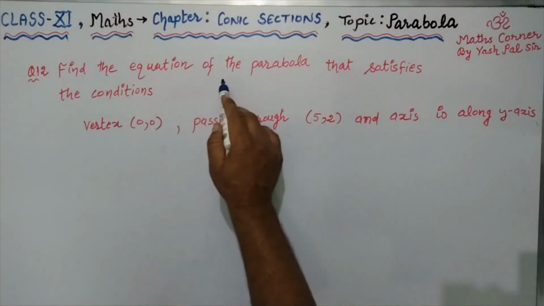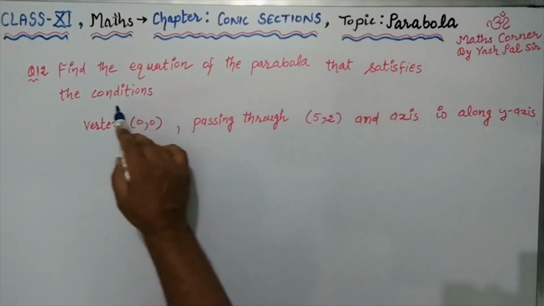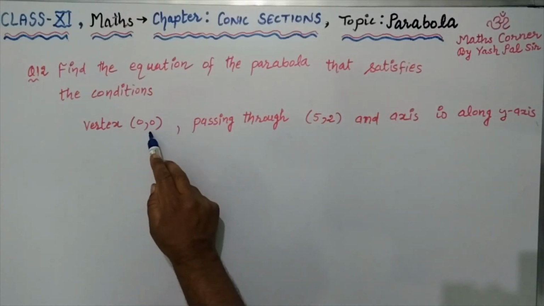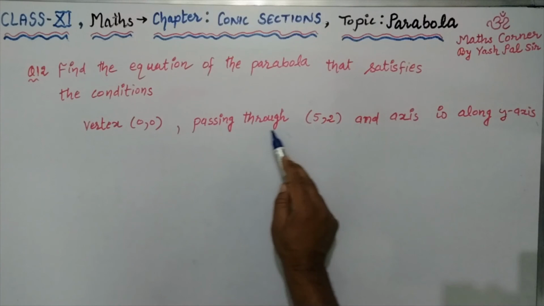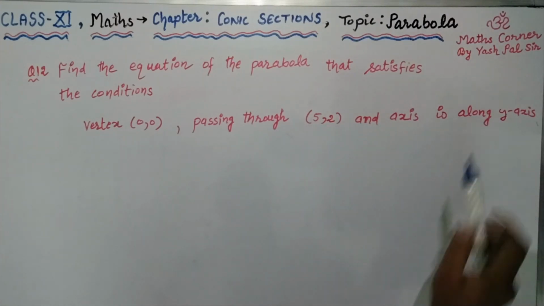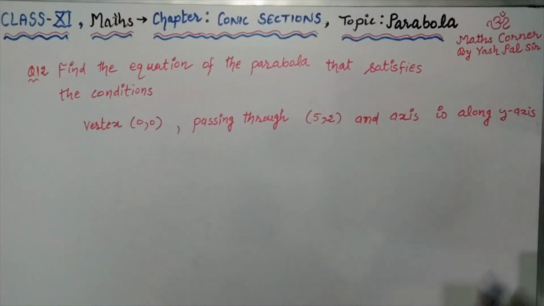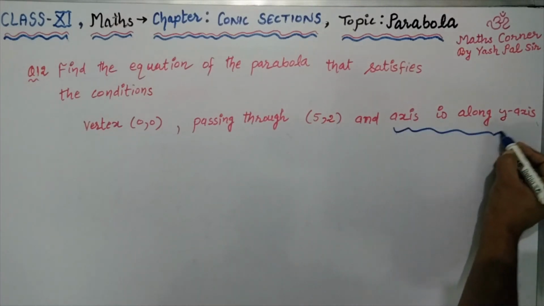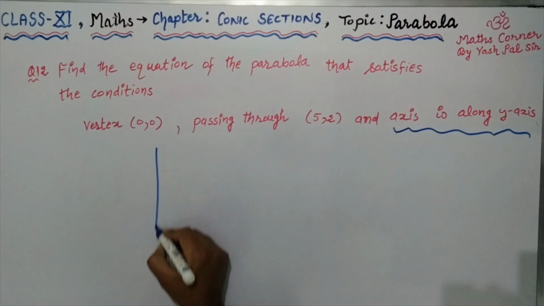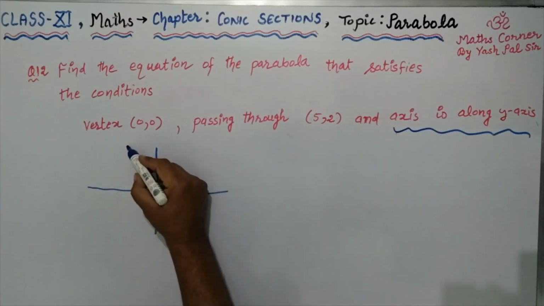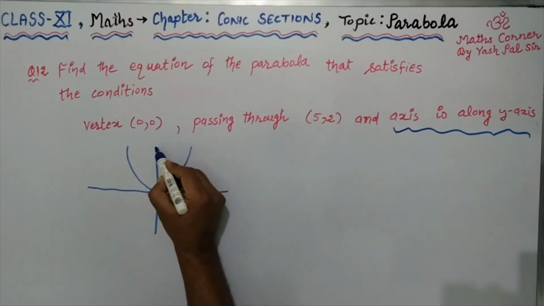Now next question. Question number 12. This is also the same type. Find the equation of the parabola that satisfies the conditions. Vertex is (0, 0), nothing to do. Passing through (5, 2) and axis is along y axis. Now here we consider this step. Axis is along y axis.